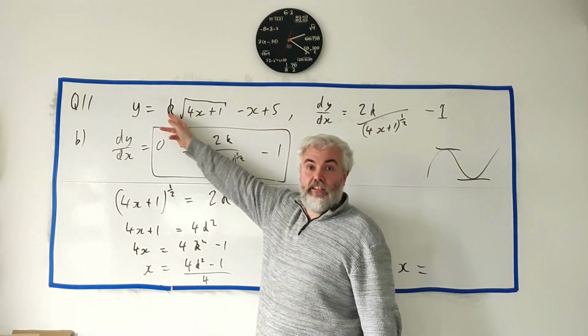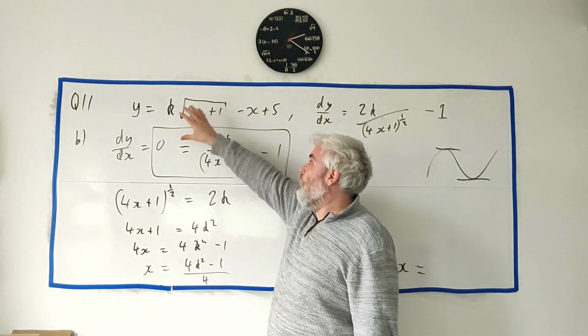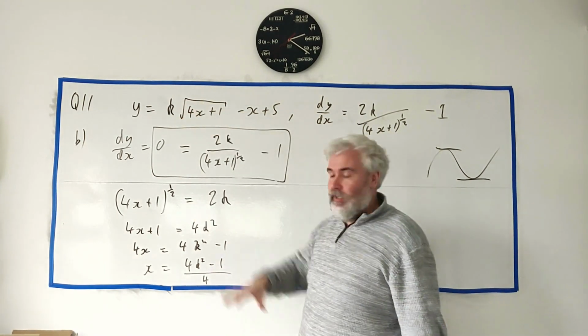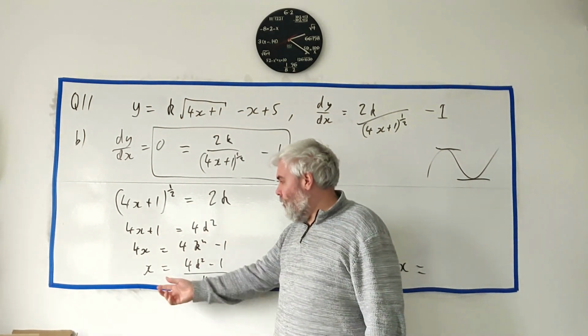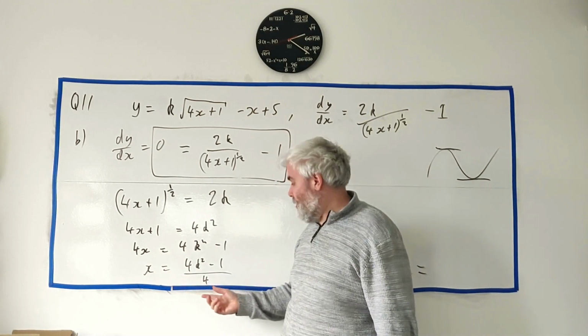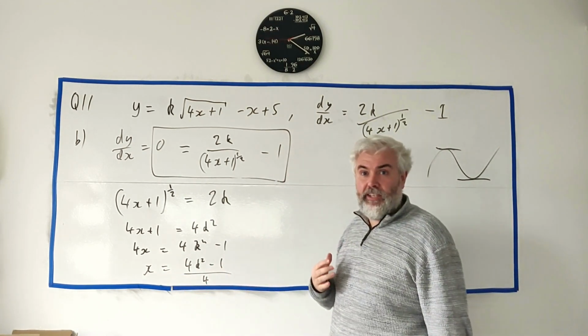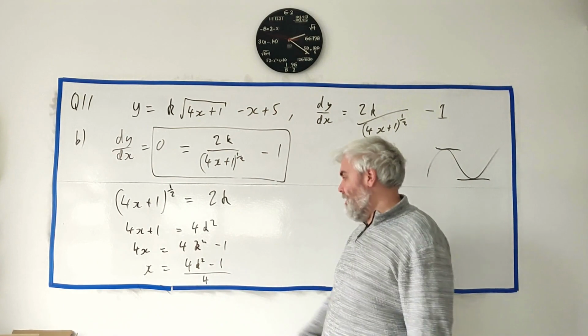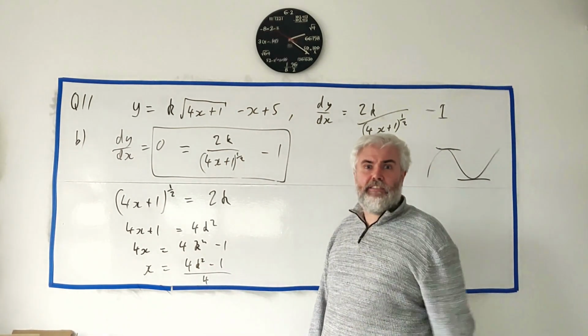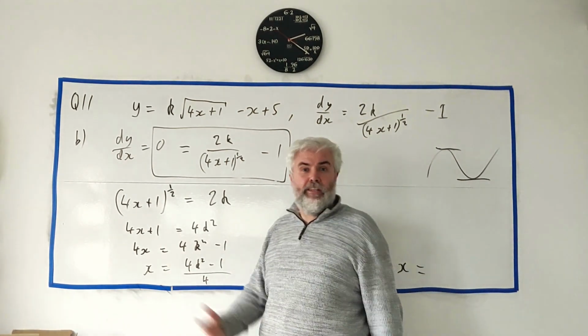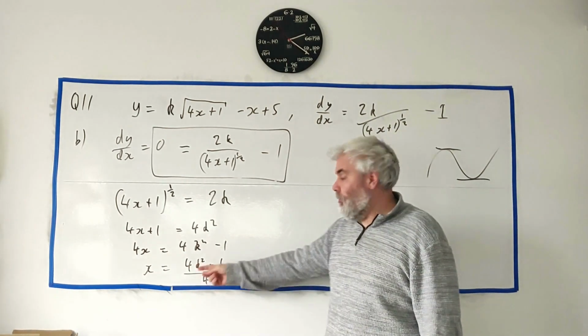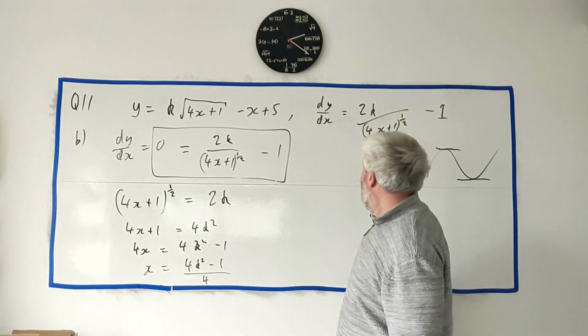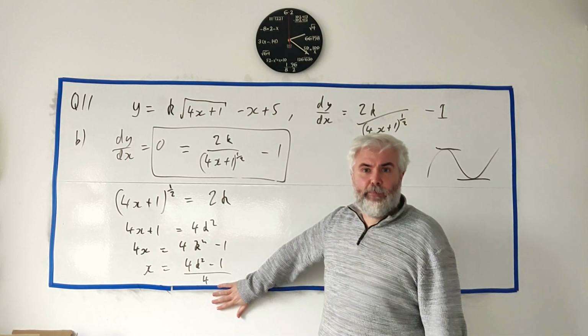Something regularly changes, but we know it obeys the rest of this function. So it's often very useful to do the maths like this, and then I can come along and say, well, k is 4, k is 7. I think in part C, k is 10.5. It's very useful to quickly be able to change k. Okay, I hope that answered part B.